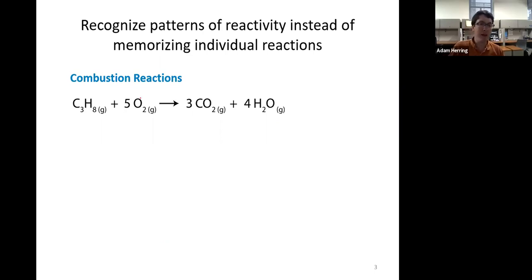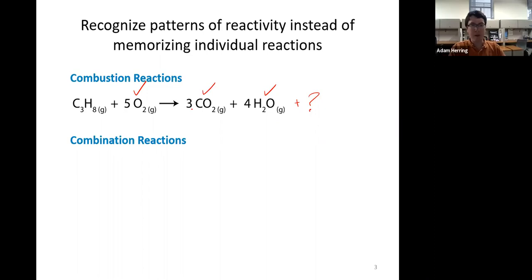So we will always have oxygen in a combustion reaction. The products are going to involve carbon dioxide and water, and possibly some other things, depending on if we had nitrogen or sulfur in our hydrocarbon as well. But the most important aspects are that you understand that we are reacting with oxygen and that our products are carbon dioxide and water.